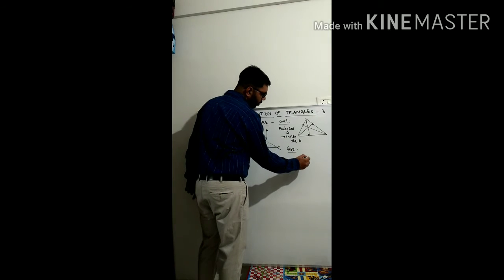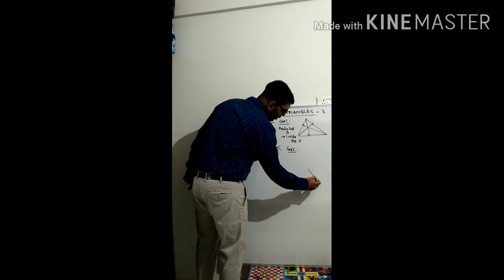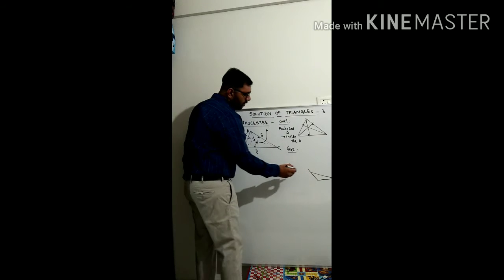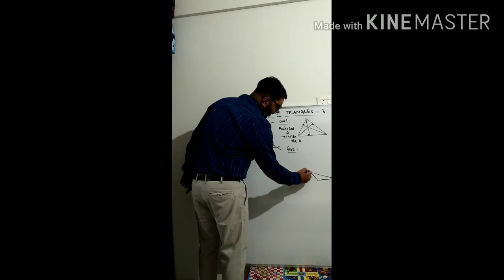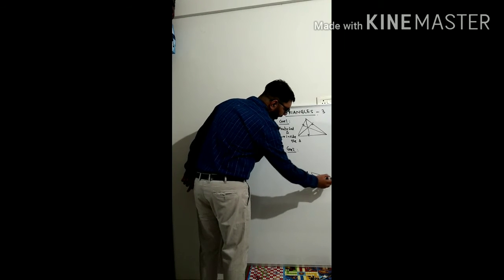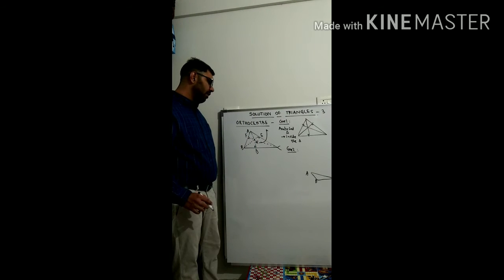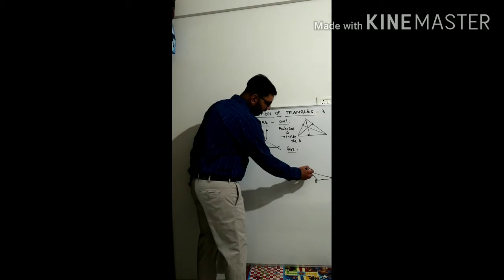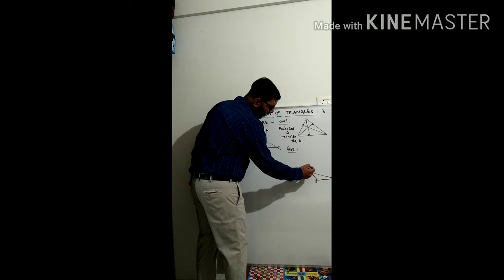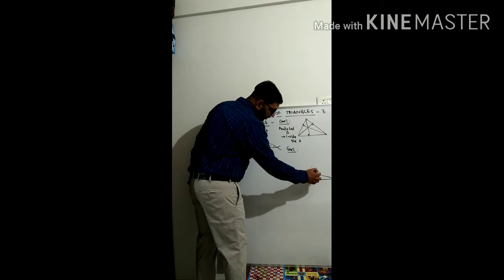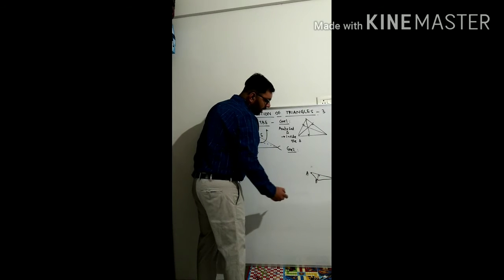in case 2 we have an obtuse angle triangle. Now for an obtuse angle triangle, if we take the three altitudes, if I draw the altitude from B, it will be like this.